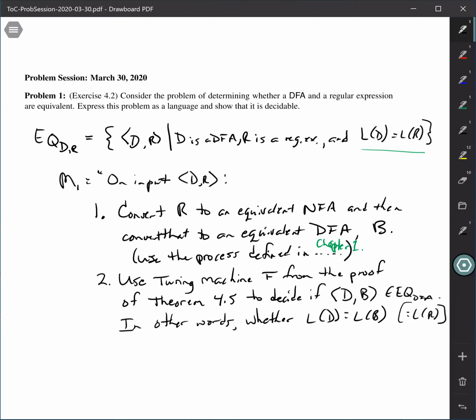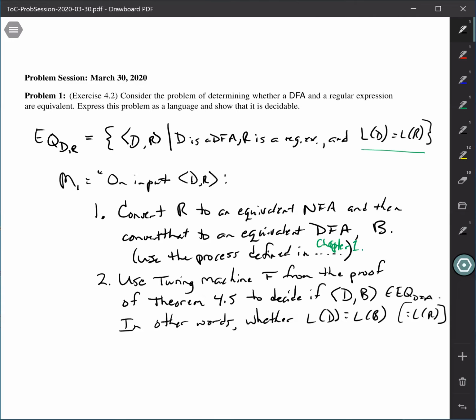But I'm going to add this little note here that, in other words, we're deciding whether or not the language recognized by D, our original DFA, is equal to the language recognized by B, this DFA that we just created, with a little note there that that's equal to the language generated by regular expression R.